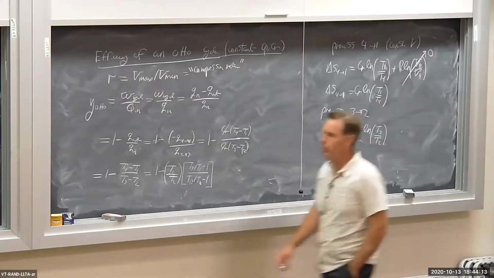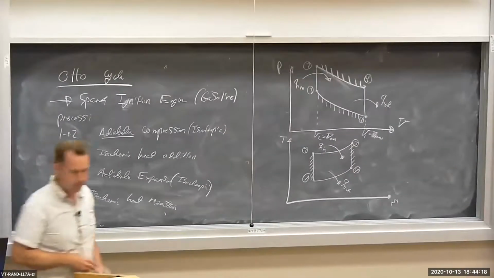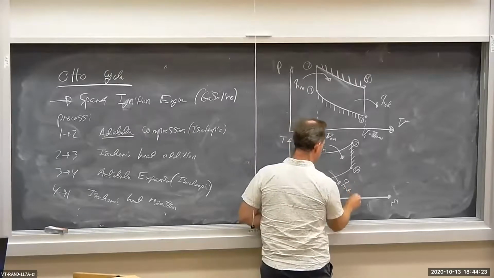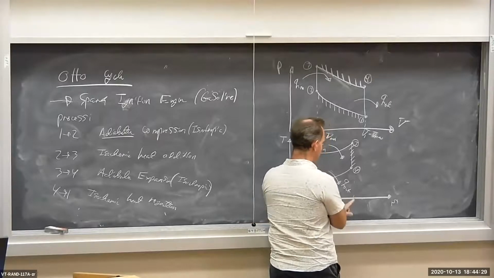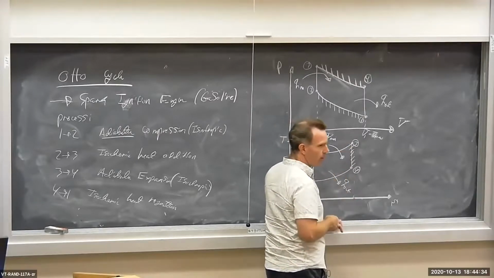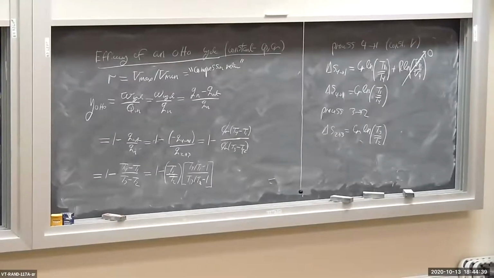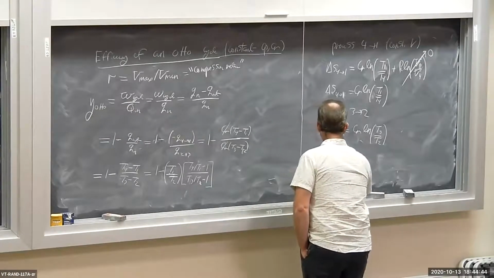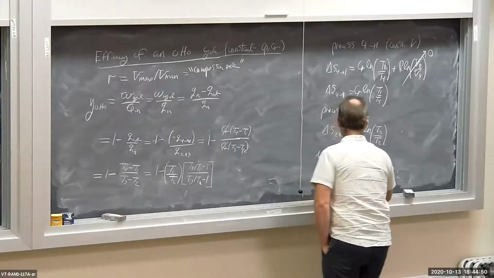Now let's go to our TS diagram here. Notice that delta S from 2 to 3 is negative delta S from 4 to 1. They're opposite each other. So note, delta S 2 to 3 is negative delta S 4 to 1.